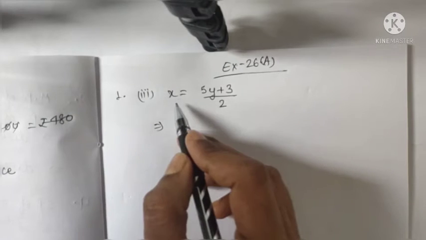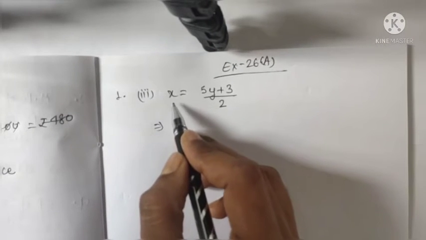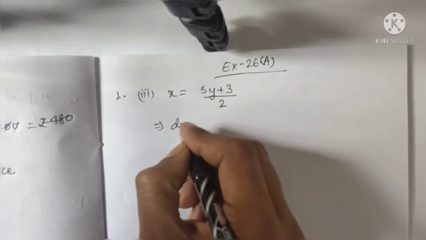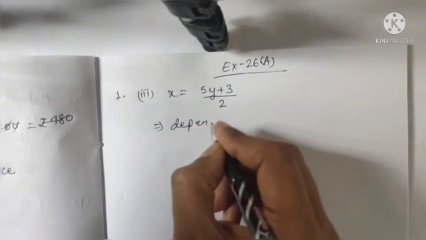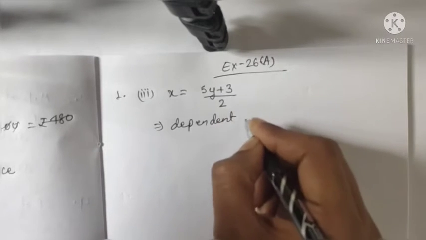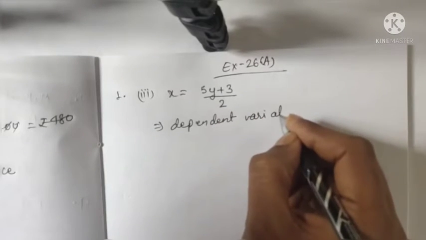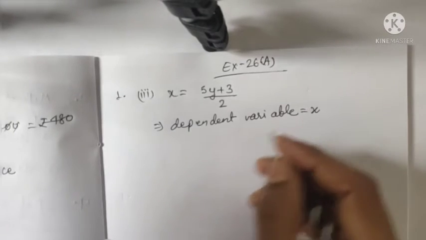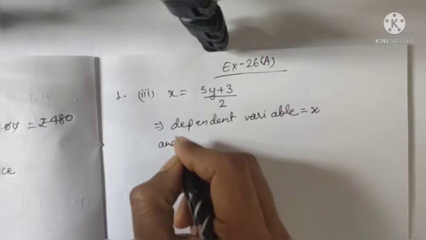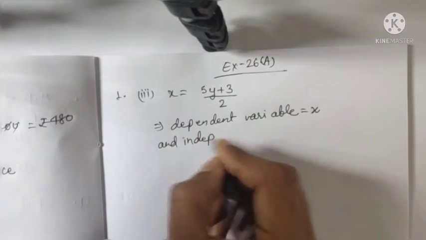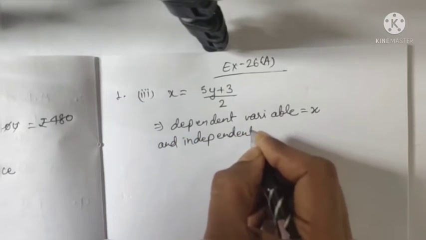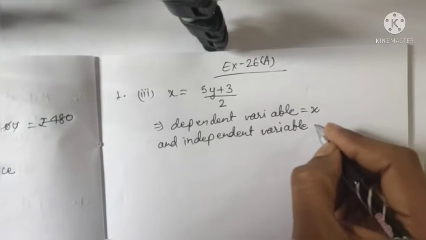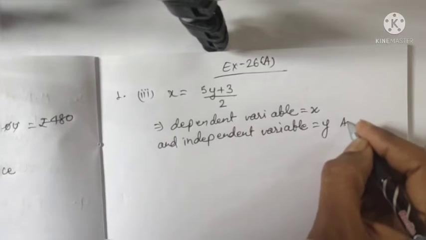Means in this particular equation, x depends on the value of y, hence the dependent variable is x and the independent variable is y. Simple, this is your answer.